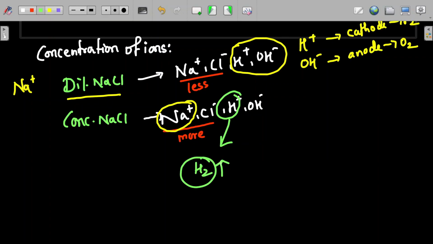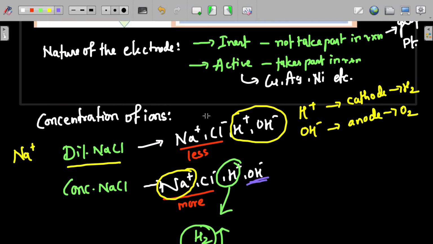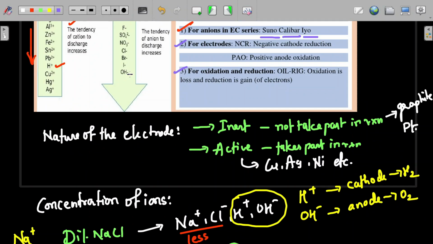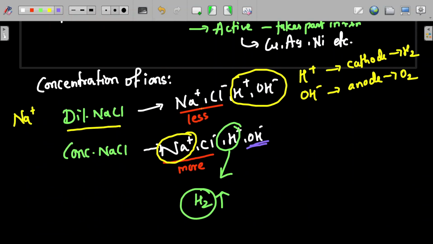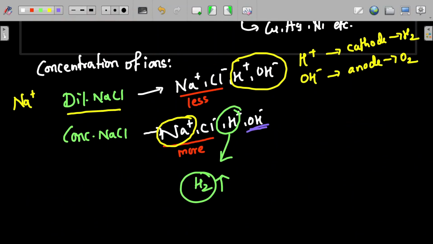But what changes? The change will take place at the anode. We expect hydroxide to get discharged faster because it is below, right? Chlorine is here, hydroxide is here. One second, let me finish. Now, Cl minus, because of its higher concentration, will overcome this preferential discharge and will get discharged as chlorine gas.